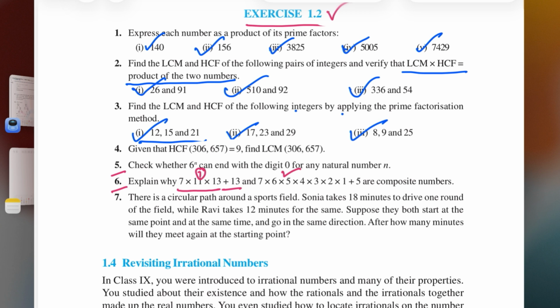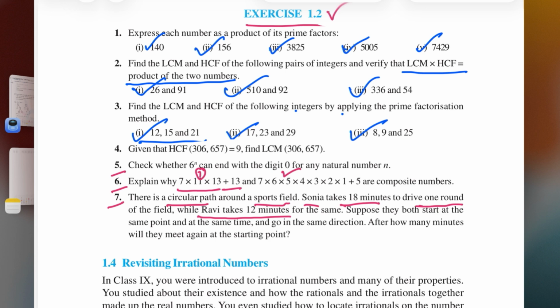There is problem 7. There is a circular path around a sports field. Sonia takes 18 minutes to drive one round of the field, while Ravi takes 12 minutes for the same, that is, to make one round.